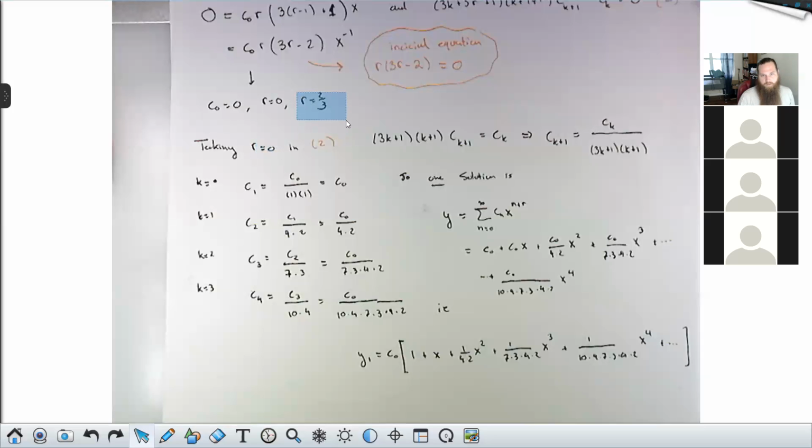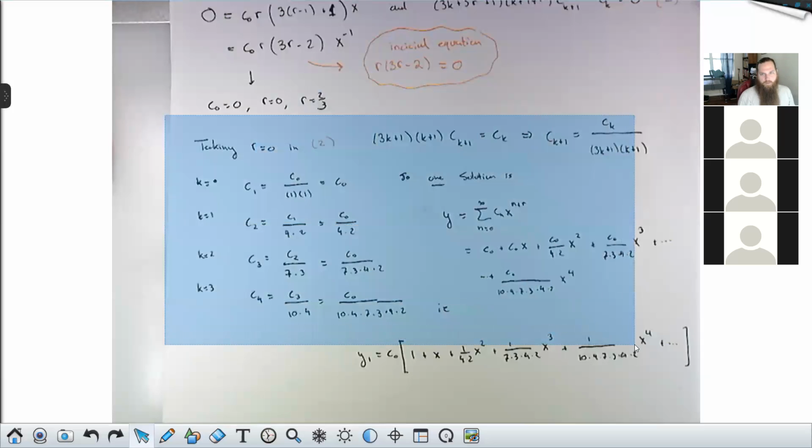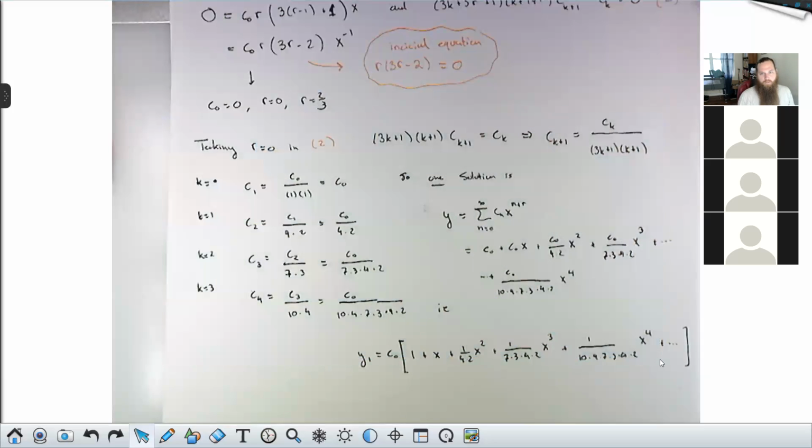Next, we go through the whole process with r equal to 2/3. Everybody comfy with what we did down here? If we needed more terms, we could get more terms.